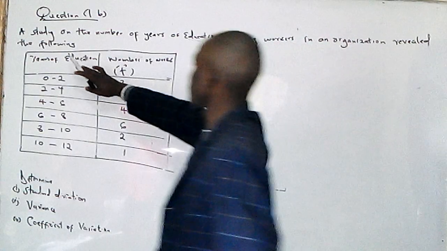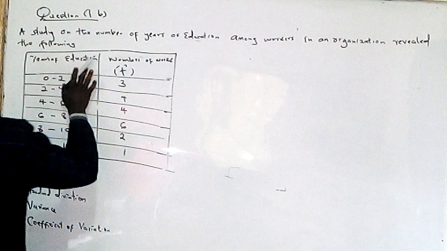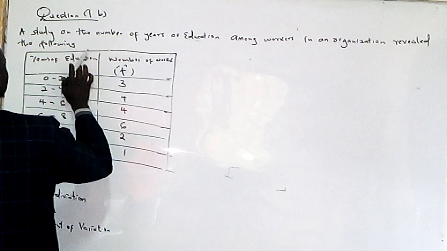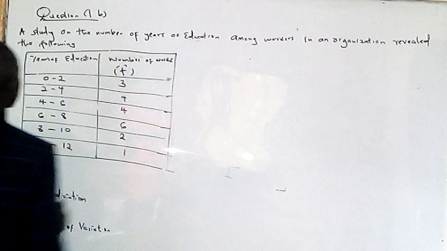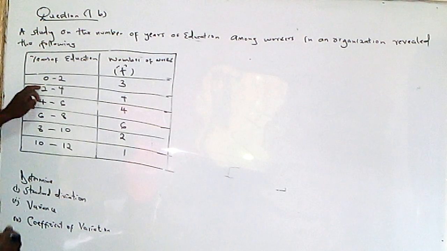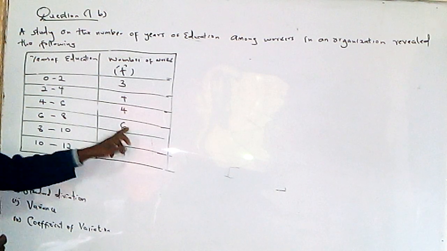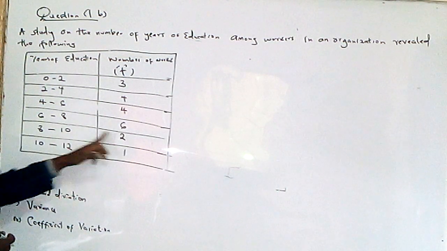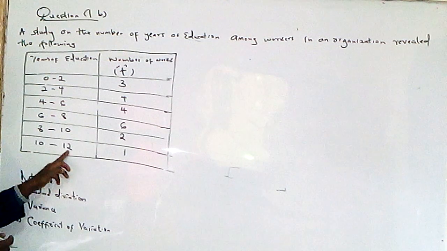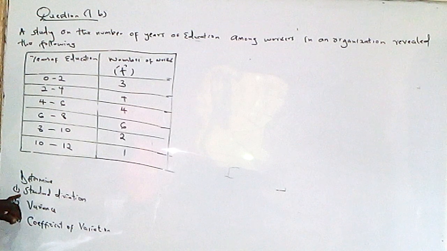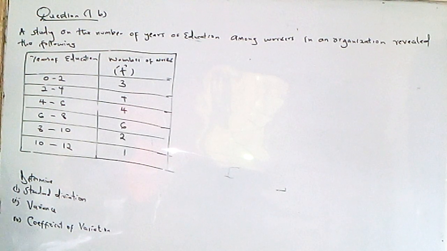We have years of education and number of workers. 0 to 2 we had 3, 2 to 4 we had 4, 4 to 6 we had 4, 6 to 8 we had 6, 8 to 10 we had 2, and then 10 to 12 we had 1. You are required to determine the standard deviation, variance, and coefficient of variation.